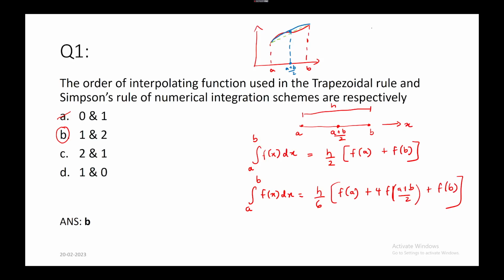So you can say that linear interpolation is of order 1, quadratic is of order 2. So I hope you understand why B is the answer, which means that the order of interpolating function used is 1 for the trapezoidal rule and it is 2 for the Simpson's rule.